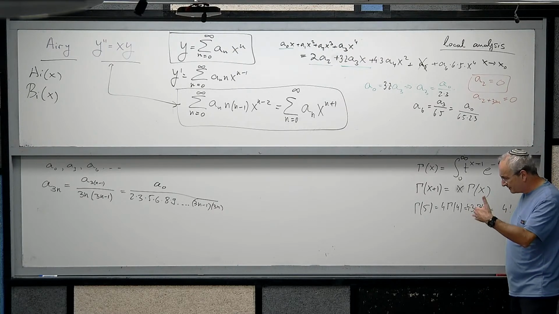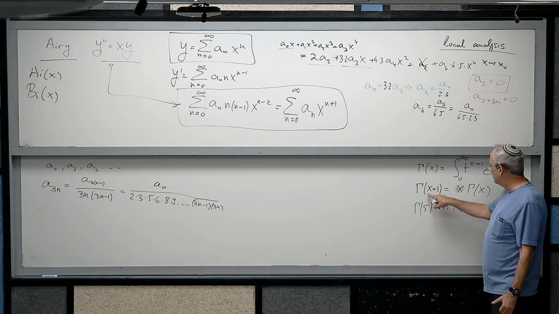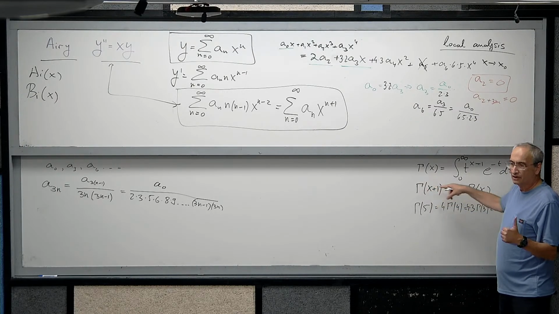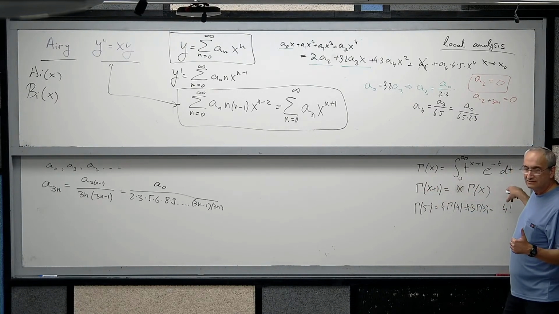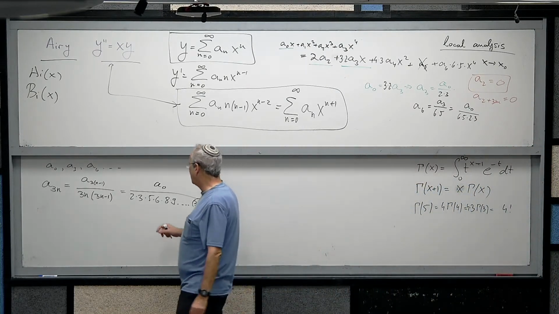The product stops at 1. But we are going to implement the gamma function also when its argument is non-integer, in which case the series continues forever. Okay, but still there is a value for gamma.